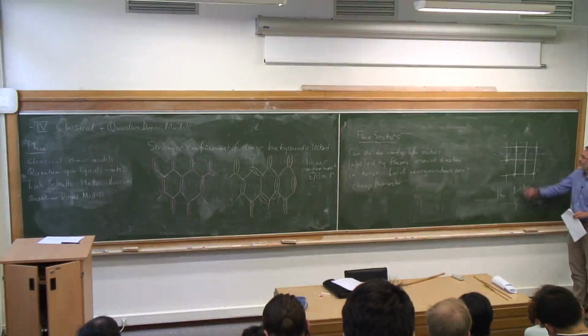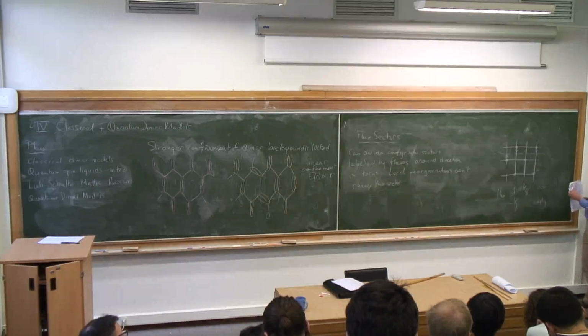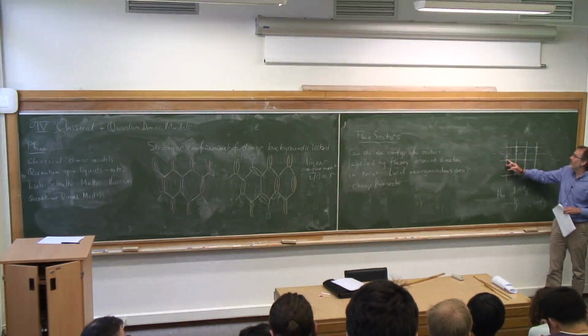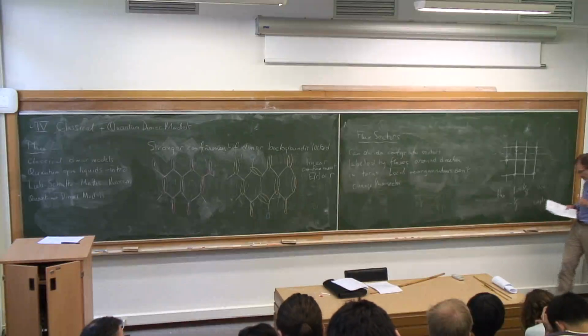But the sums over these oppositely directed bonds of these minus 1 over z's will cancel, so I only need to think about occupation. So the flux will be the total number of dimers on the upward going bonds minus the total number on the downward going bonds.